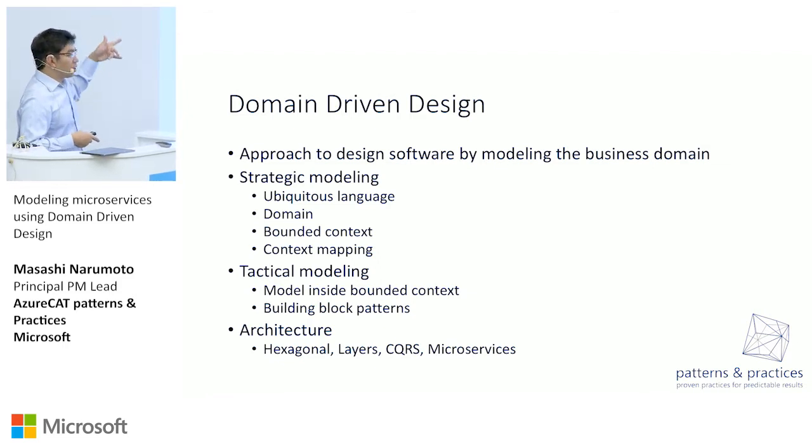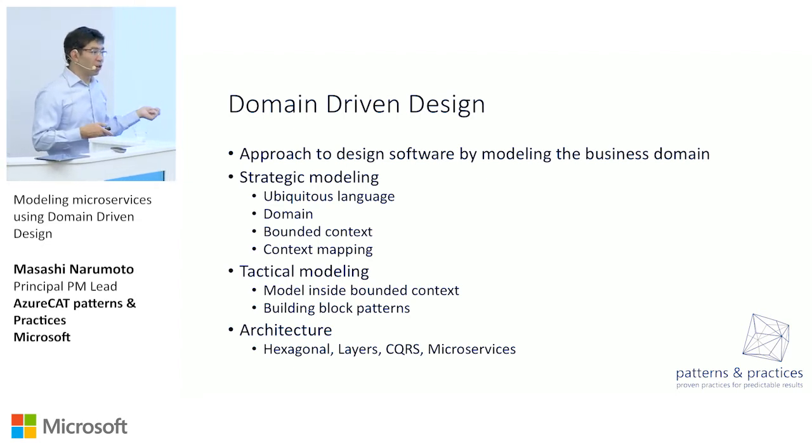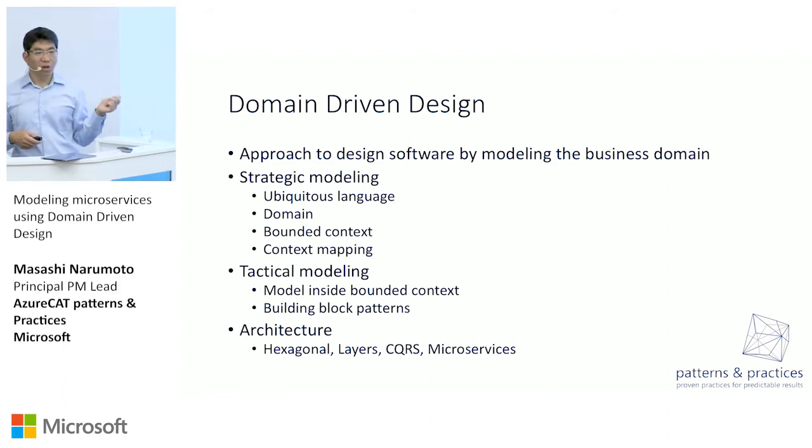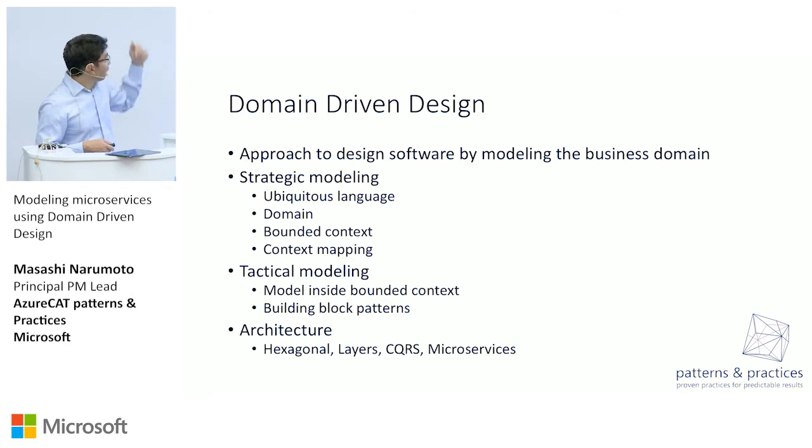And those concepts of DDD can be applied to different types of architecture, like hexagonal architecture, layers, CQRS, and including microservices. And I will show you some basics of these concepts.